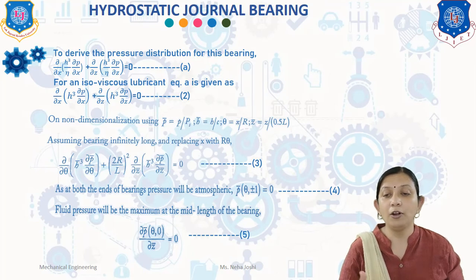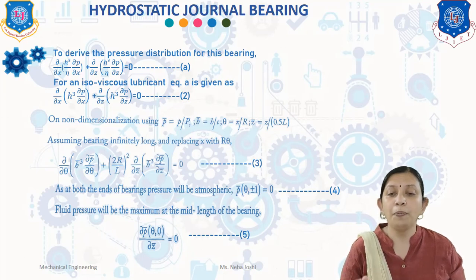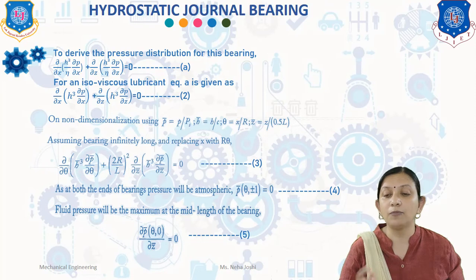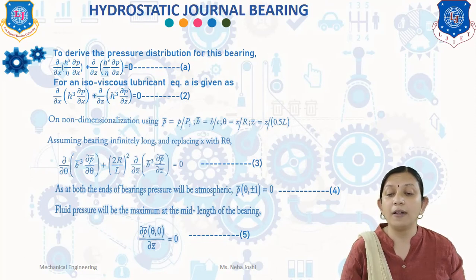As at both ends of the bearing the pressure will be atmospheric, p̄(θ, ±1) = 0. Fluid pressure will be the maximum at the mid length of the bearing, so ∂p̄(θ, 0)/∂z̄ = 0.